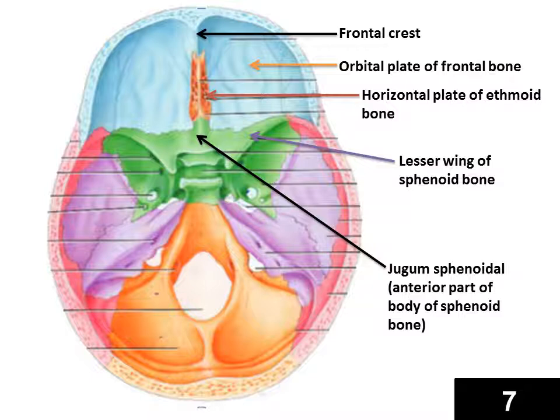A small portion behind it formed by lesser wing of sphenoid، هذا اللي باللون الأخضر lesser wing of sphenoid bone.